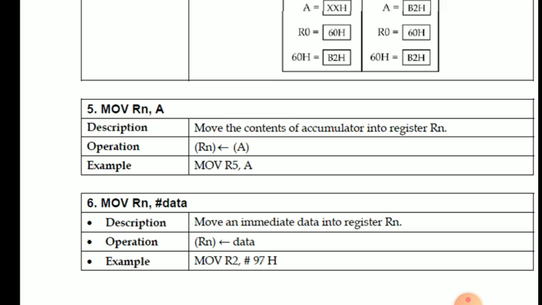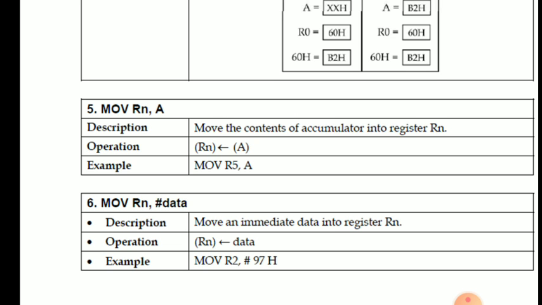Rn is a common register within the selected bank, R0 to R7. So the description here is: move the contents of the accumulator into register Rn, that is Rn to the left, and by the arrow mark, if you see, the contents of the accumulator register are copied onto the Rn register.